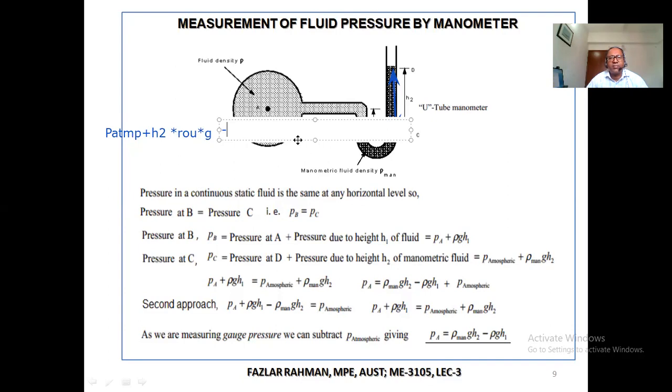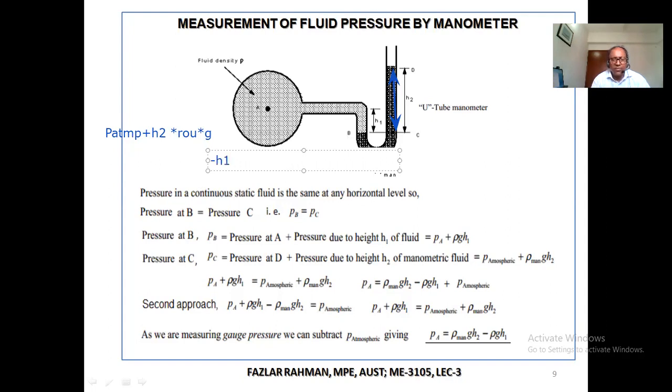H1, right? Let me write it down over here. Distance is H1, so H1 times rho into G. Now where I came in, right over here, this point, that means I am coming to PA. So I say this equals PA. And you get the same thing.